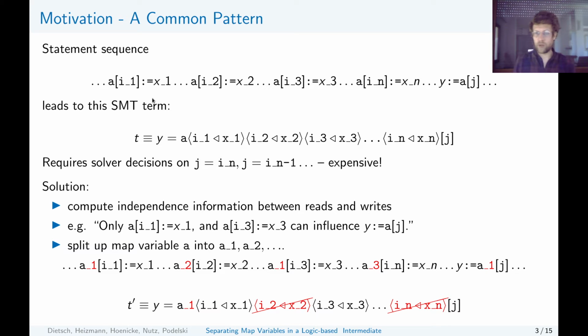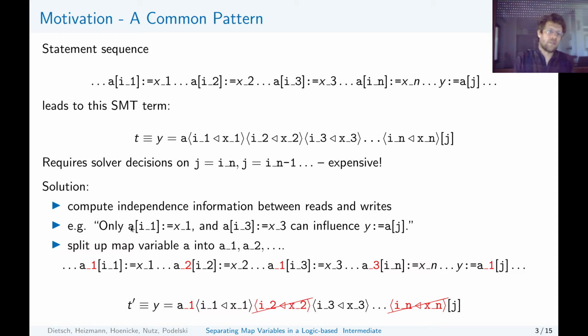There are various reasons why this couldn't be the case. For example, if I1 and j can never be the same, then there's independence trivially, but it could also be the case that some assignment along the way always overwrites that x1 value, so then it would also not influence.